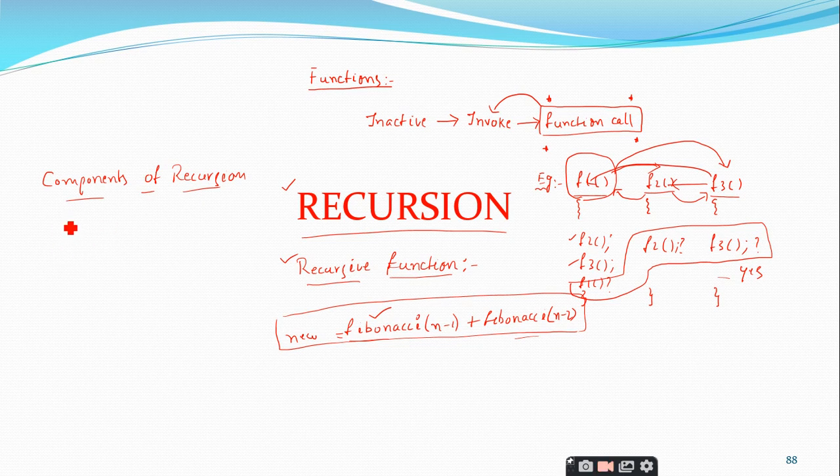One important point regarding these components of recursion is that it consists of 2 different cases. One is called the base case. The second one is called the recursive case.